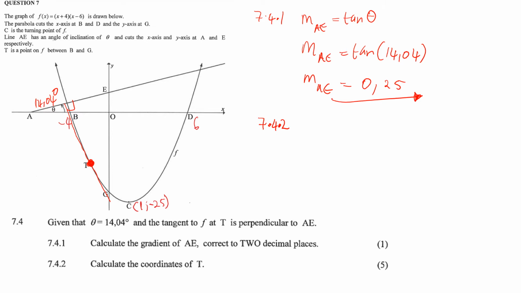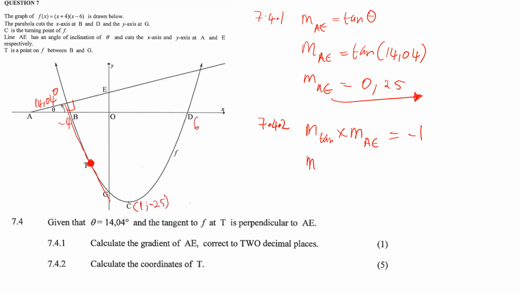So don't be limited when answering paper 1. Integrate with what you know in paper 2, because that's what the examiners want: for you to think broadly about a question. All right. So what we can do now is, we know the gradient of the tangent at T multiplied by the gradient of AE will be equal to -1, because the two are said to be perpendicular.